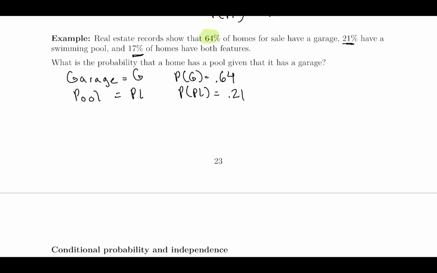So that means the house has a garage and a swimming pool. So we'll say the probability of G and PL is equal to 0.17. Everybody good for the notation?